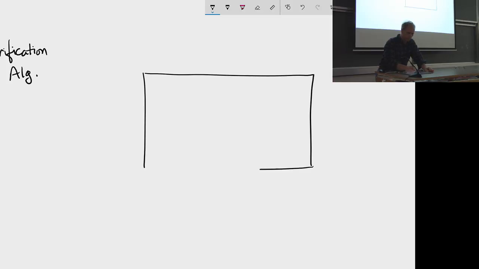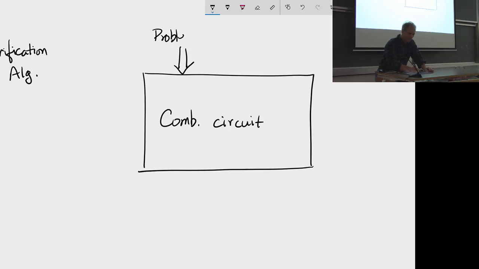Okay, so we have our verification algorithm, and we compile it into a gigantic combinatorial circuit. It has the property that we feed it at the top a problem instance and a proposed solution.